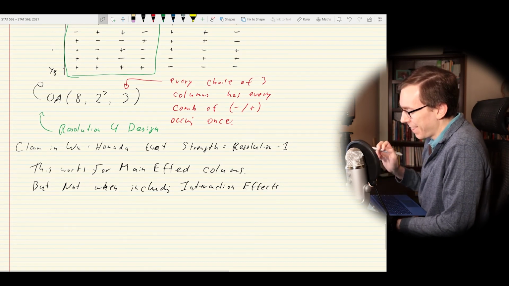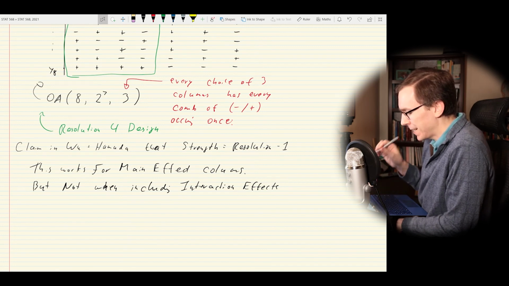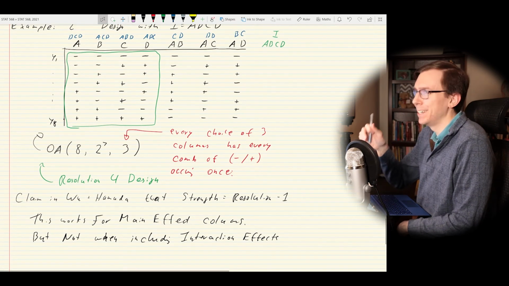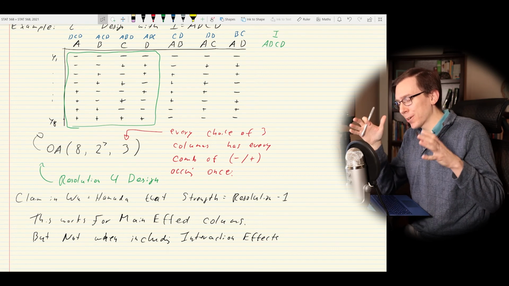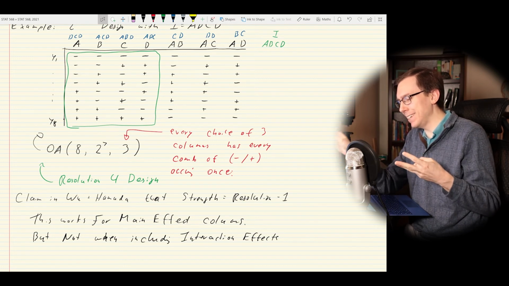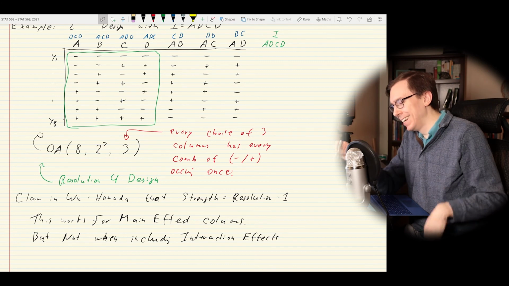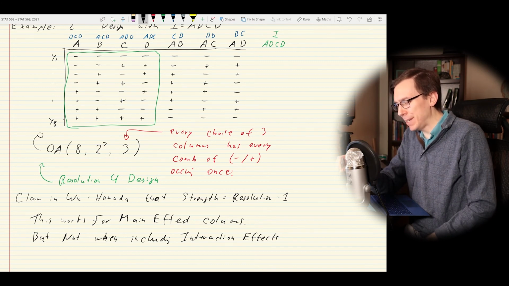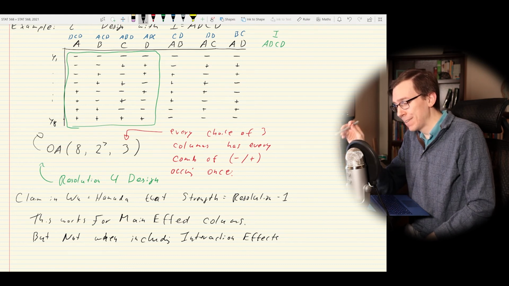And what I was getting at there is the fact that, like I said a little bit earlier, every choice of 3 of A, B, C, and D will see every possible factor level combination. But if I choose columns A, B, and A interacting with B, I don't see every possible combination.